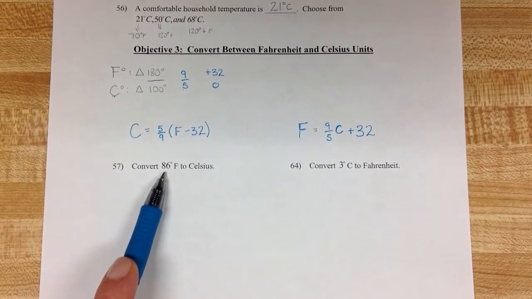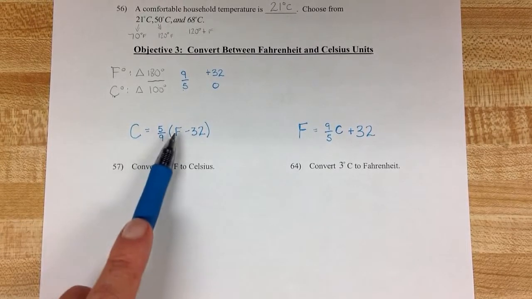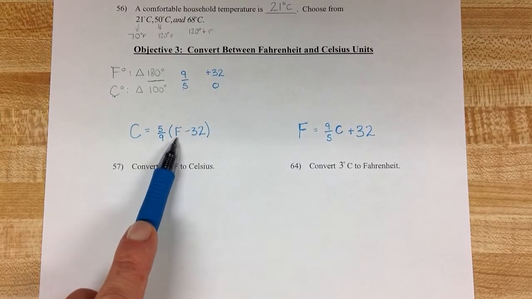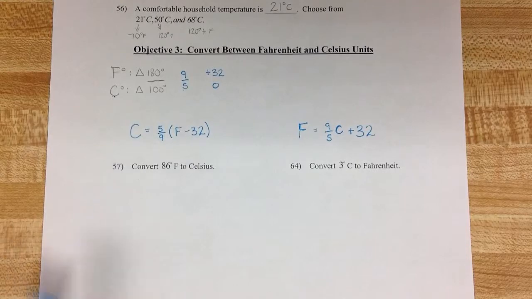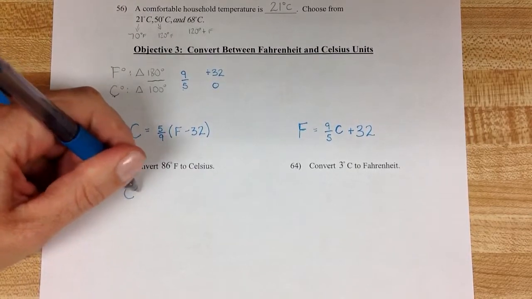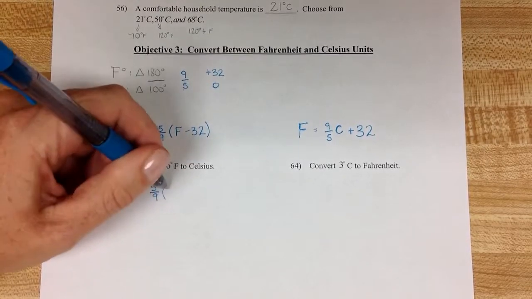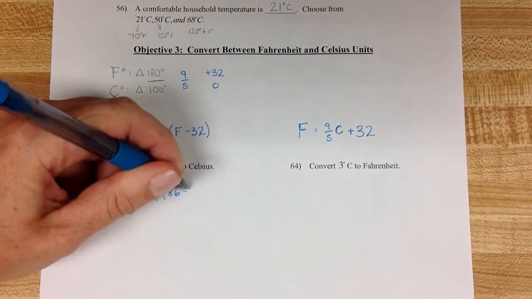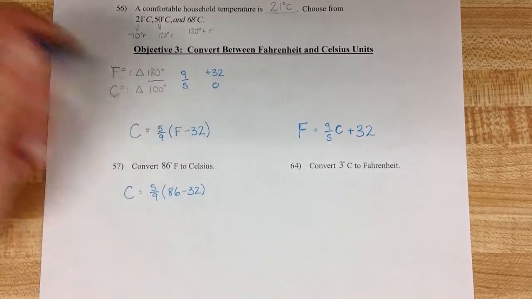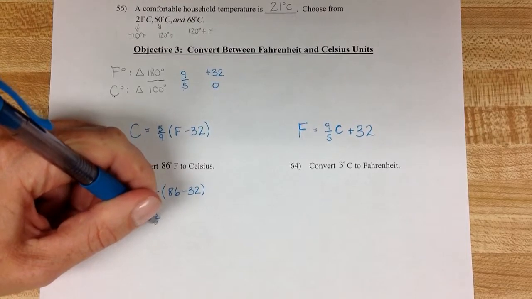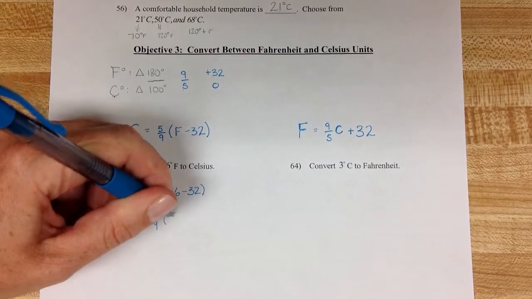If we're converting 86 degrees Fahrenheit to Celsius, we're going to use this formula here, where we can put 86 in place of the F, and then use order of operations to solve it until we figure out the Celsius scale. So we have C equals 5/9, and then our Fahrenheit temperature, which is 86, and we're going to subtract 32 from it. Following order of operations, I'll do what's in the parentheses first.